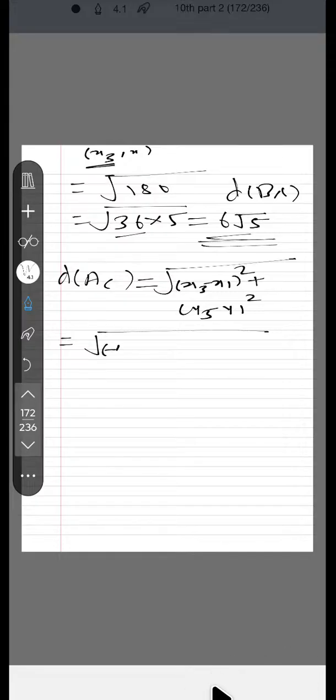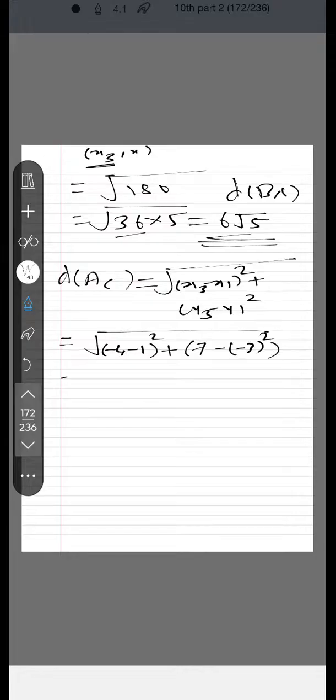It says minus 4, minus 4 minus 1 square plus 7 minus of minus 3 square.